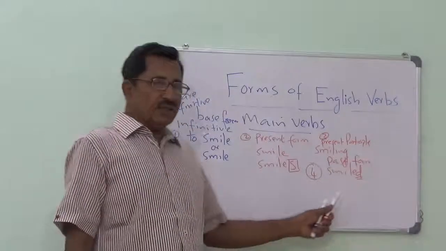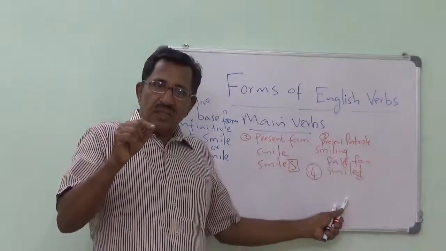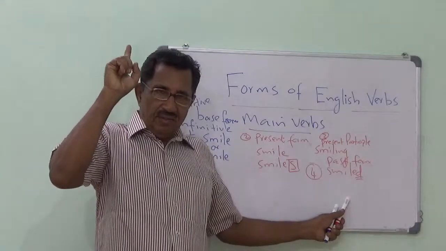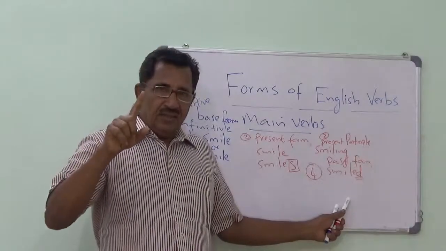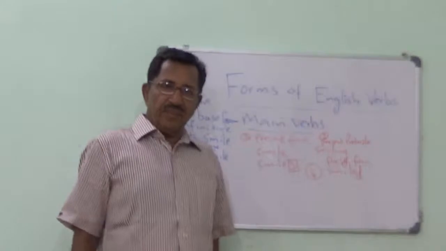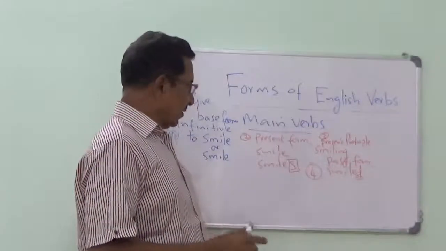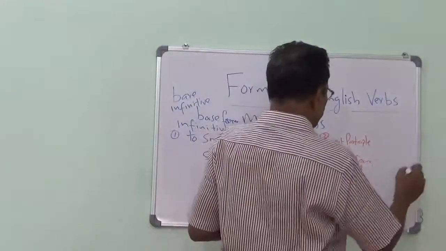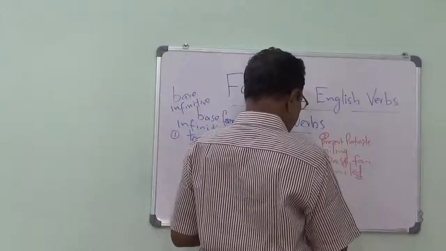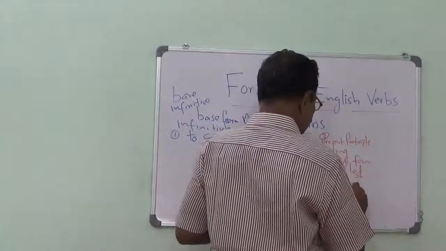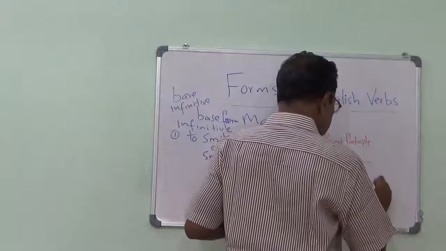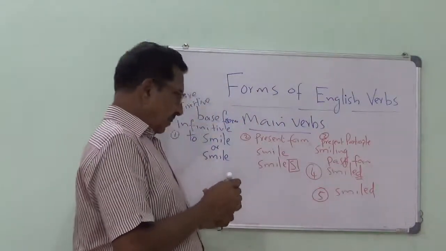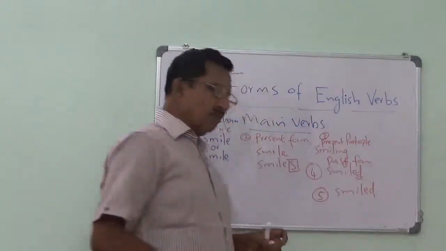And the fourth one is used in past tense. In the past tense, that is the ed form. There may be variations, later we will see. And the fifth form is the same, written the same way: smiled.